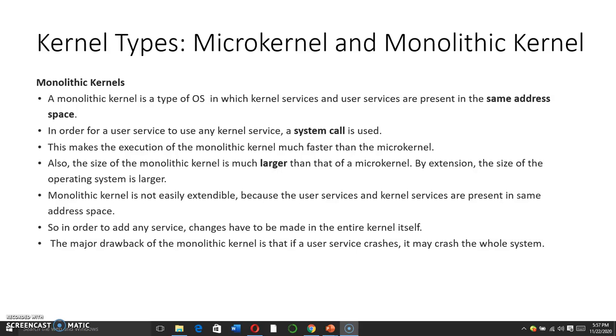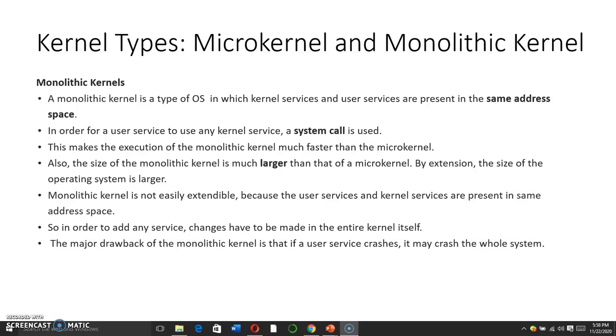In both microkernels and monolithic kernels, on every type of system, there's always a set of instructions called the system calls. These system calls have authoritative control over the system. These system calls are how your computer actually operates.